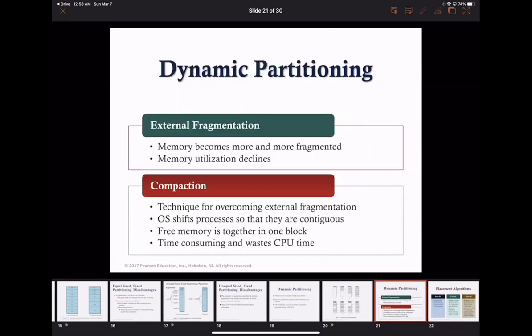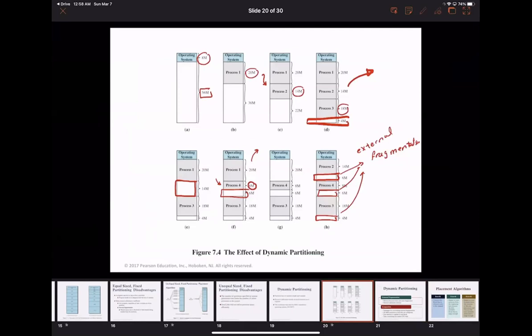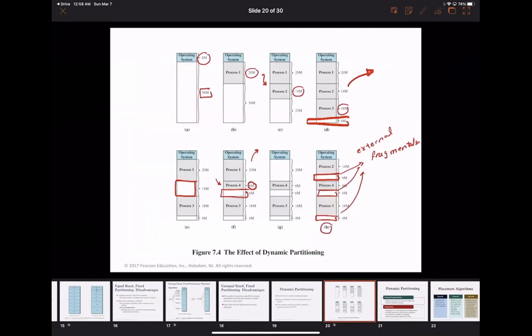From time to time, the operating system would shift the processes so that they are contiguous, in sequence, and so that all of the free memory is together in one block. For example, if we go back to the previous example, after we have the status in situation H, the operating system will shift process 4 to start immediately after process 2 and process 3 to start immediately after process 4.